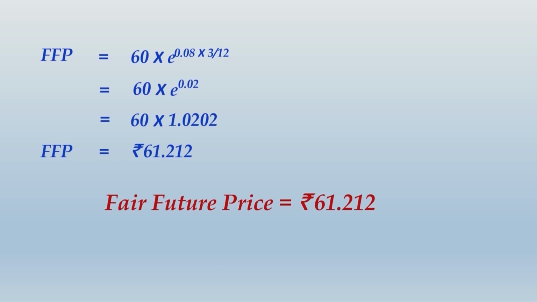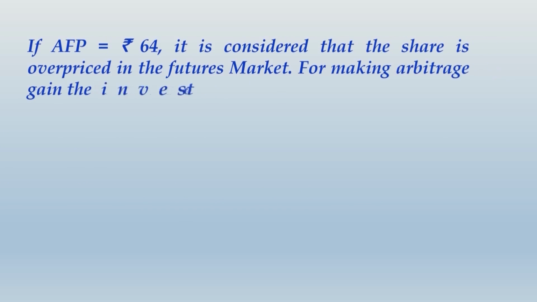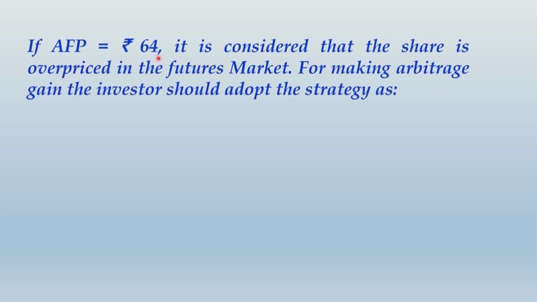Alright, moving ahead, this is the fair futures price we have computed, and in the question they have informed the actual futures price, and not one but two different situations are given to you. The first thing informed is, if AFP equals rupees 64, it is considered that the share is overpriced in the futures market. You will compare 64 with 61.212.